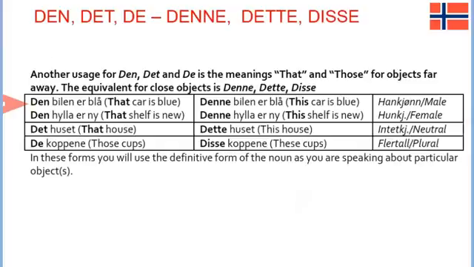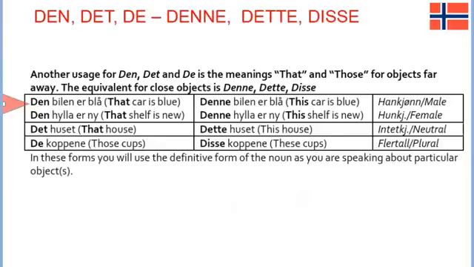If we go to the second part, then den, det, de can also have another meaning, and that's that, when you're pointing at something. And those, if it's plural, and the equivalent for a close object is this. For example, den bilen er blå, that car is blue, den hylla er ny, that shelf is new.